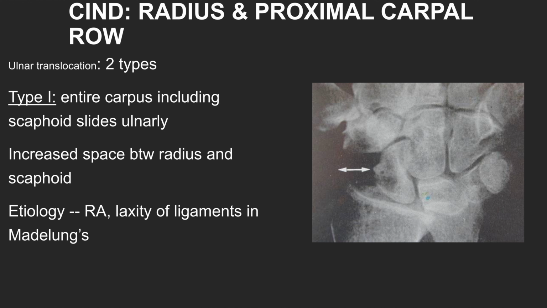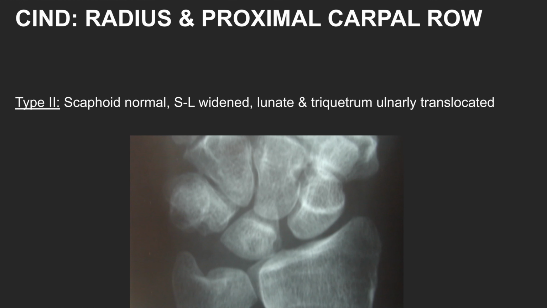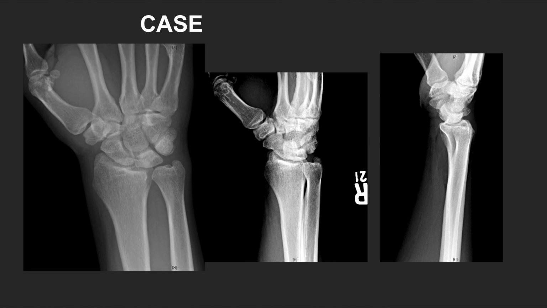This is typically from a ligamentous laxity such as rheumatoid arthritis, or it can be from trauma. The second one is where the scaphoid stays in place, but everything else slides over ulnarly. Here you can see the lunate and triquetrum are all translocated.